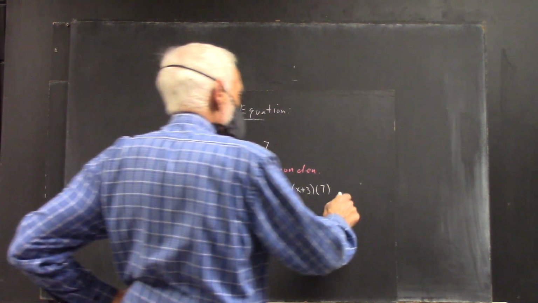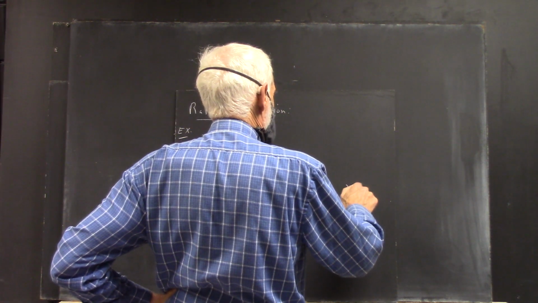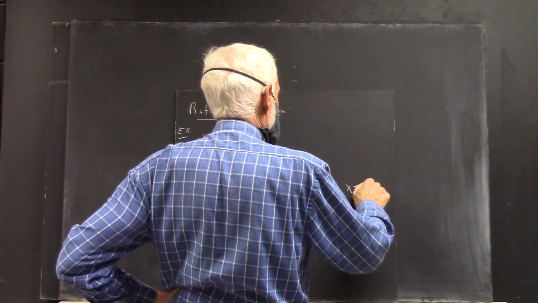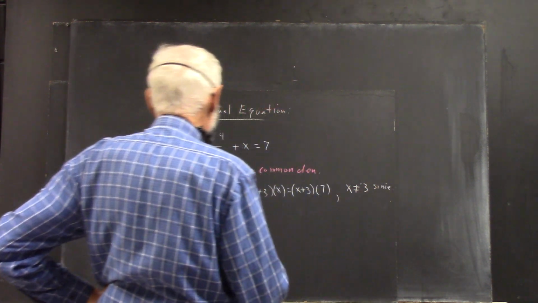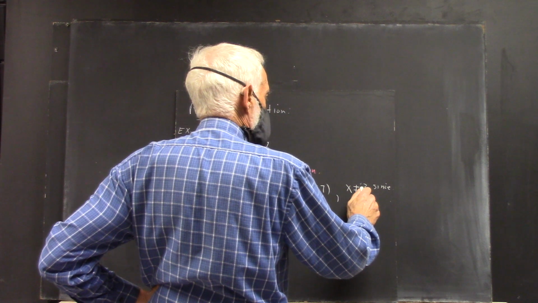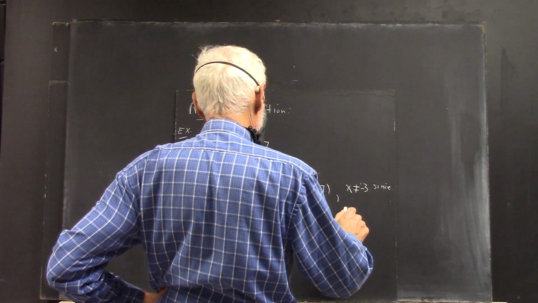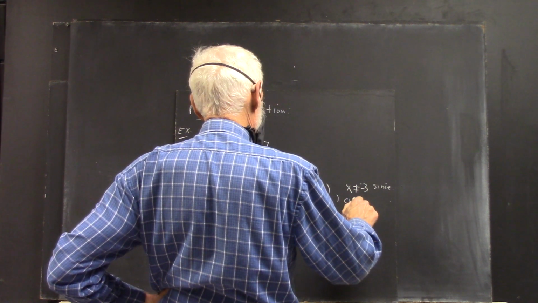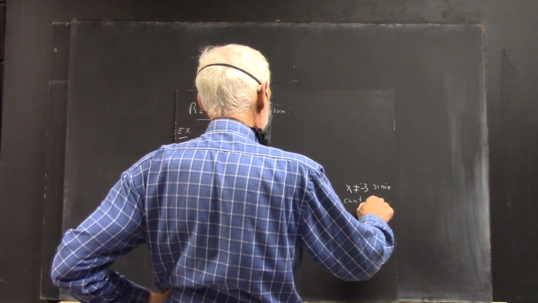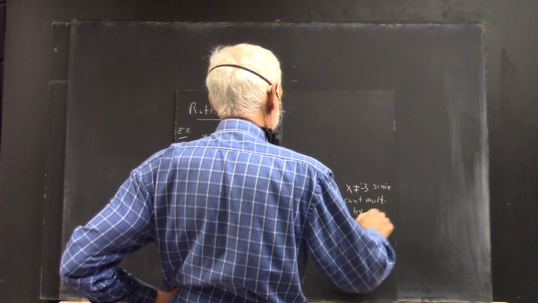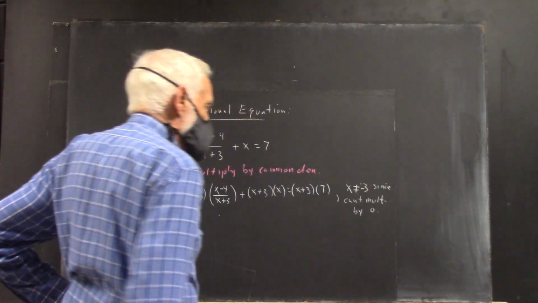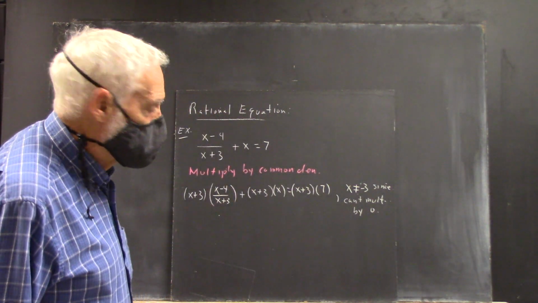And you also write out that x cannot equal negative 3. Now say you can't multiply both sides by 0.